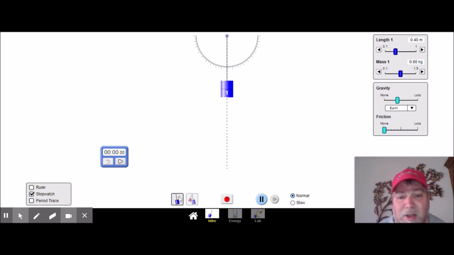So the best way to measure the period is to actually just pull this thing back and let it go. We know that the period is the length of one complete swing. So to reduce error, I'm going to do 10 swings and divide my number by 10. Here's the stopwatch. I'm over here by the stopwatch.